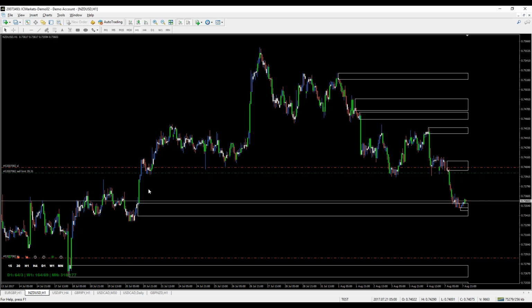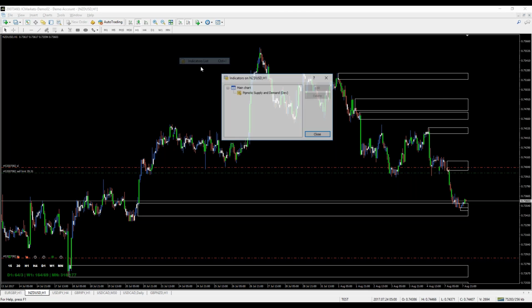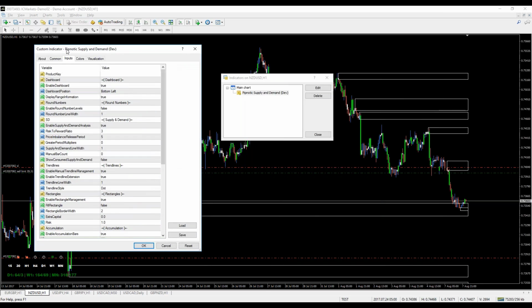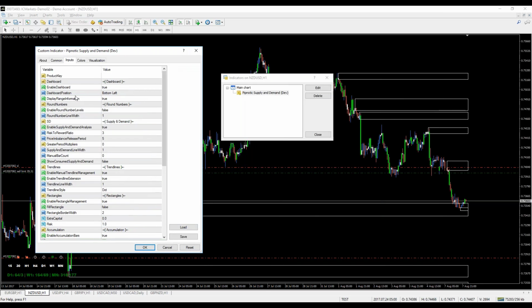The new version is looking for pushes away from areas and how long it took for price to reach a certain distance away from an established area of supply and demand. I've removed the significance setting, and I've introduced a risk-reward ratio and a price imbalance release period.